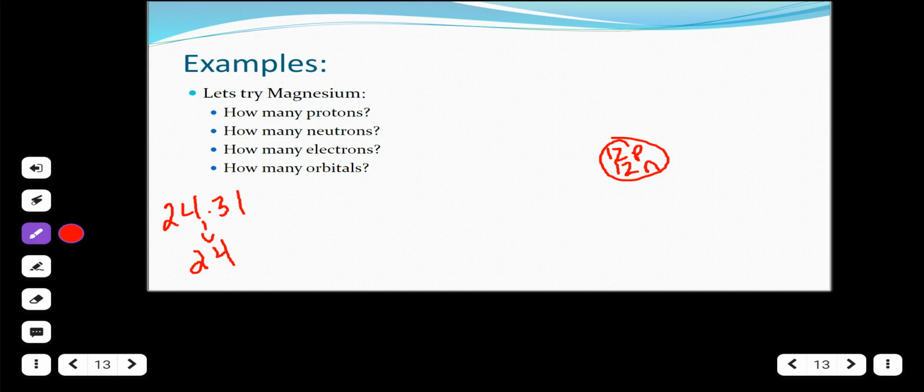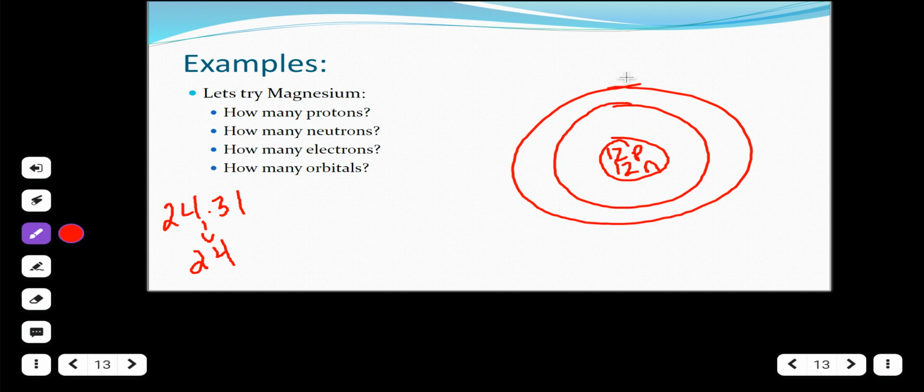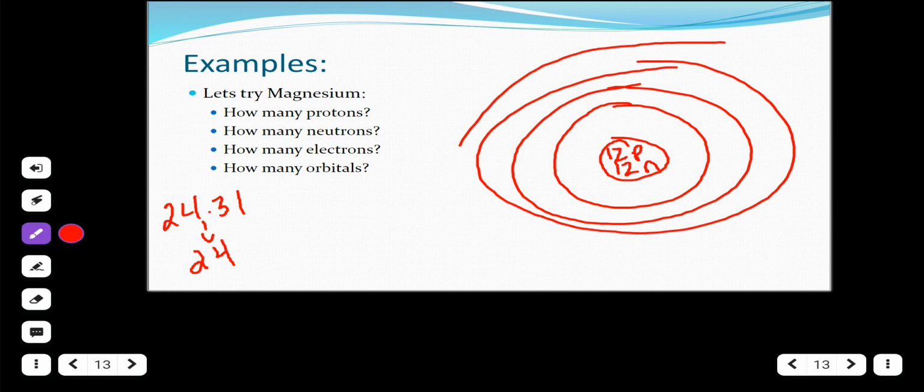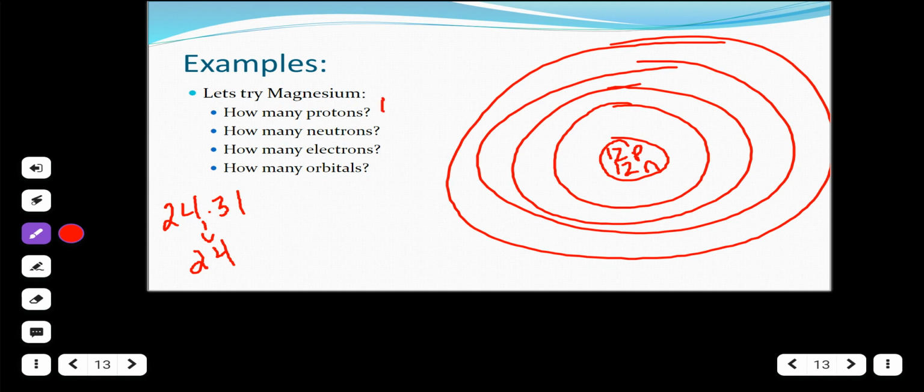Now, the next thing is draw out 3 or 4 electron shells. 1, 2, 3, 4. All right, remember that electrons fill in low to high energies. So how many electrons are we going to need, assuming that this is neutral magnesium? Neutral magnesium would contain 12 positive protons with 12 negative electrons.